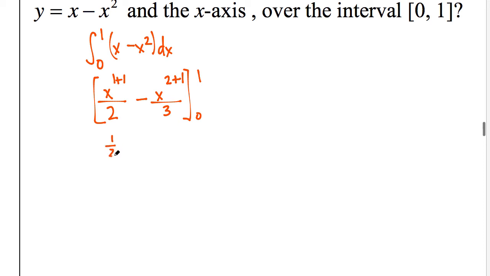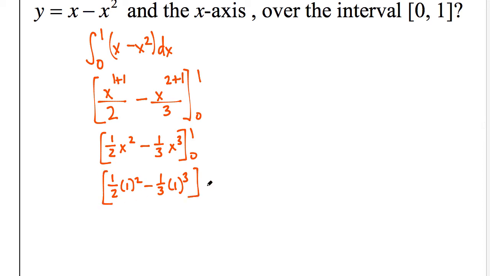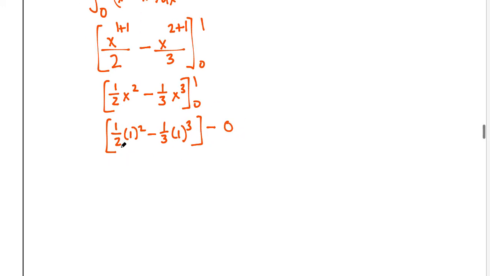So let's clean this up. We have 1/2 x squared minus 1/3 x cubed, evaluated from 0 to 1. I end up with 1/2 times 1 squared minus 1/3 times 1 cubed as my upper bound, minus the lower bound; both of these have x in them, so that ends up being 0. So in the end, I have 1/2 times 1 minus 1/3.